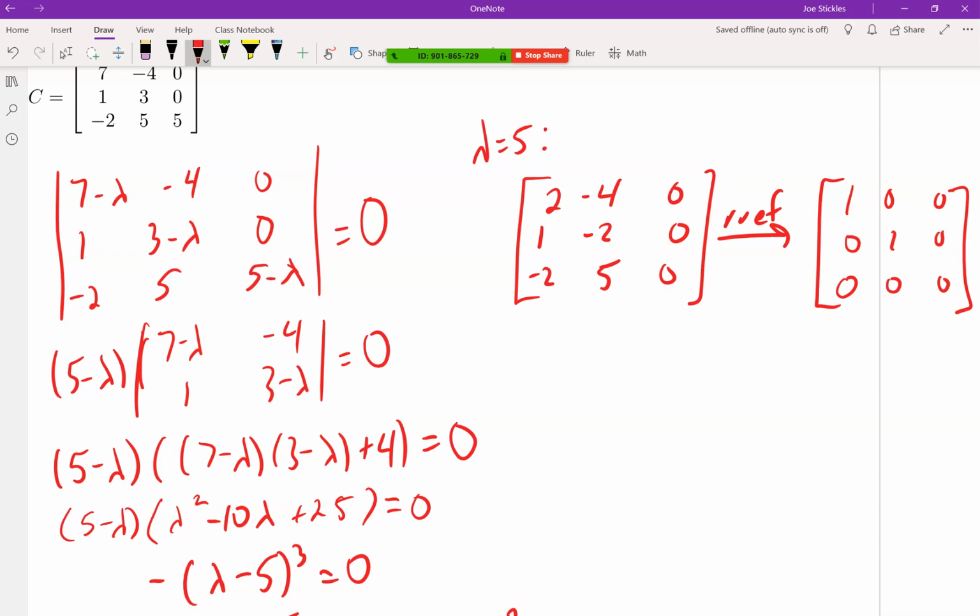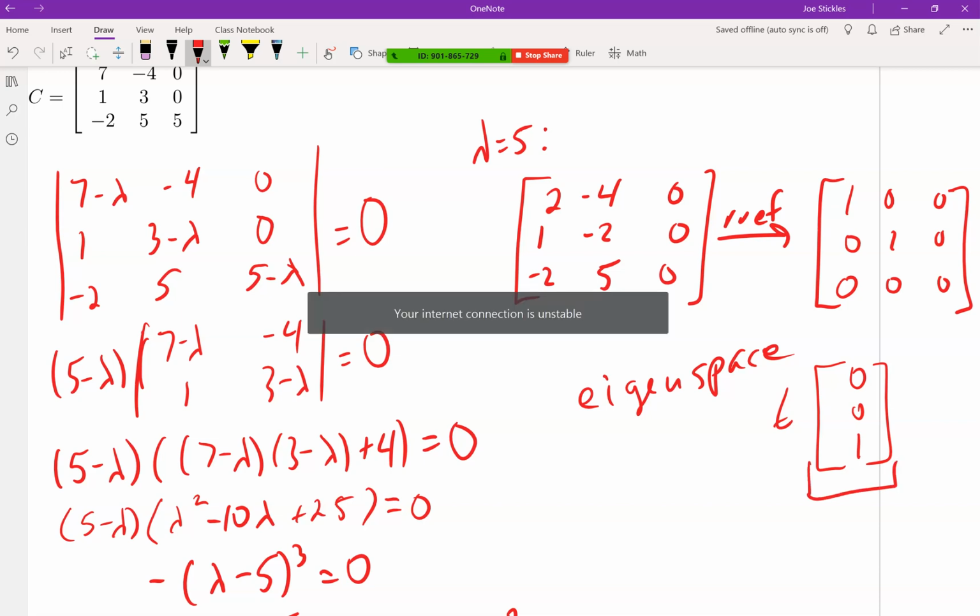Now we notice that we only have one free variable. Your eigenspace here will be 0, 0, 1 times that t. So any multiple of 0, 0, 1 is an eigenvector associated with lambda equal to 5, but we only have one linearly independent eigenvector here.